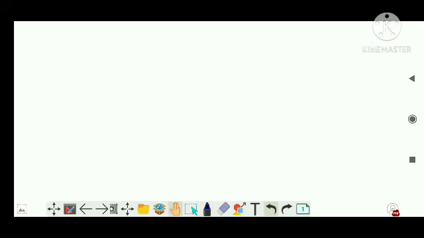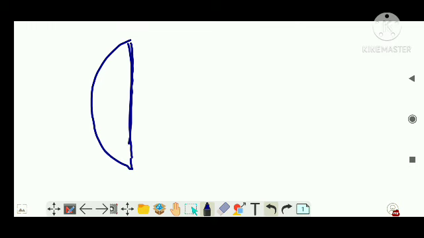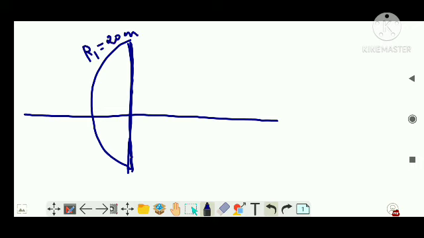Similarly, you were given a different type of lens like this. This is a plane section, and this is the axis. Now let's say R1, this is only one spherical surface, is 20 centimeter.